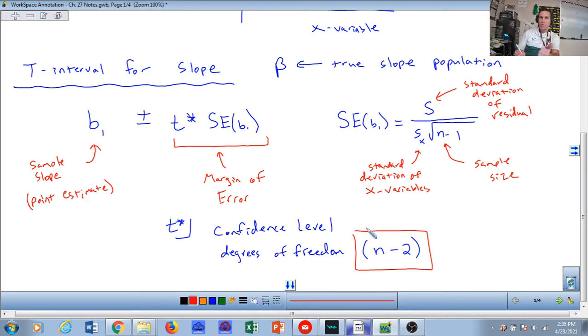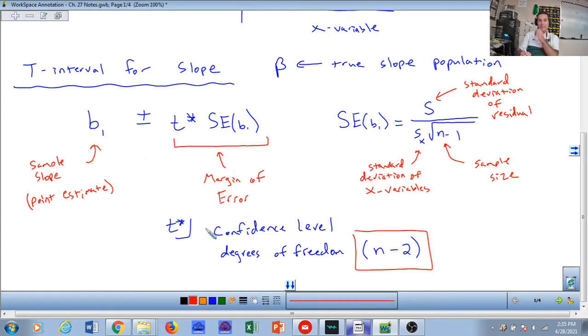So remember chi-squared test, it was number of things minus 1 or number of rows minus 1 times columns minus 1. And in the t-sample tests for means, it was always degrees of freedom minus 1, except for that weird formula when we had 2 groups. So this is a different one. It's an n minus 2, and it's different than all the other ones. So that's it. That's all you got to do.